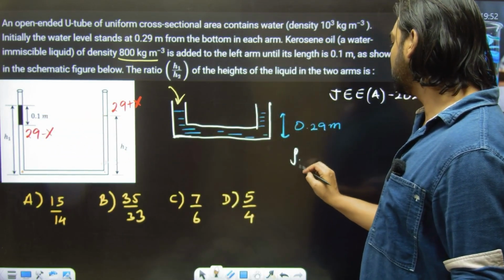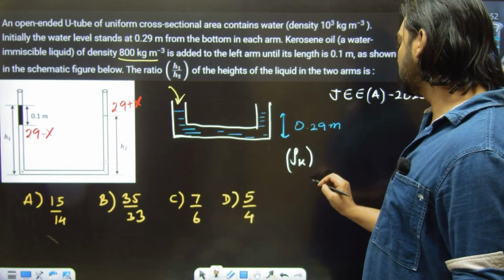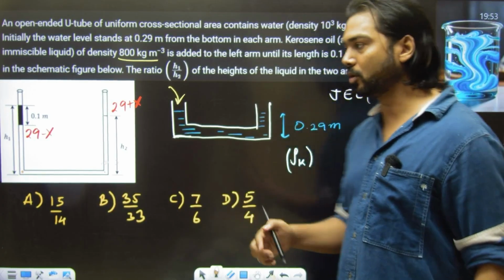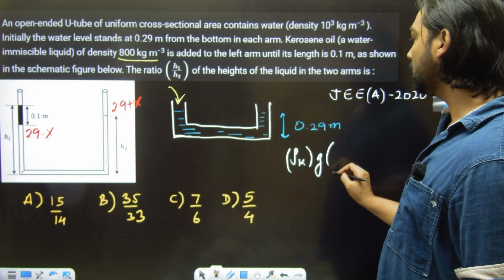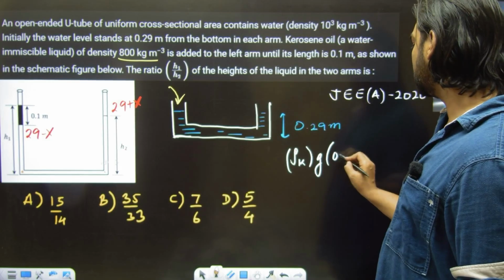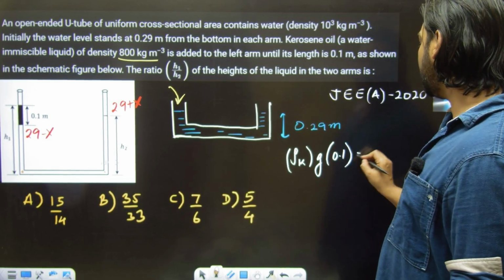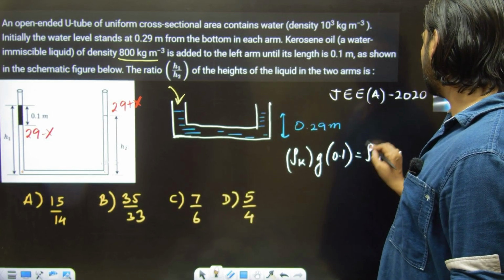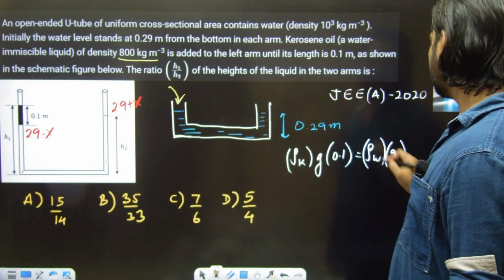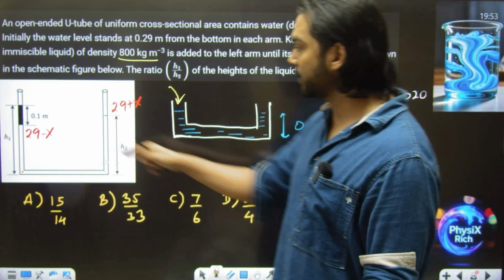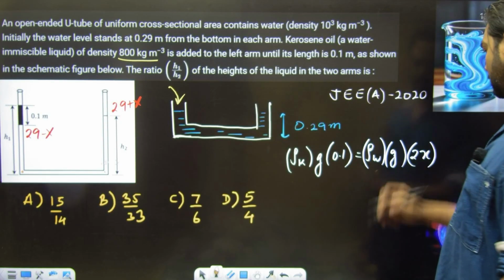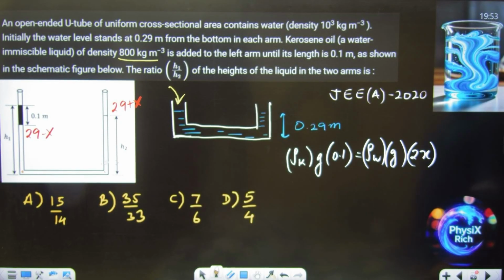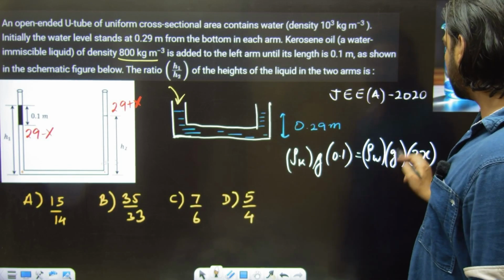Density of kerosene times g times the height of kerosene, 0.1 meter, is equal to density of water times g times the difference, which is 2x. So you can see that g cancels.